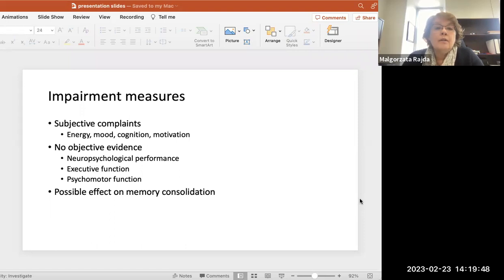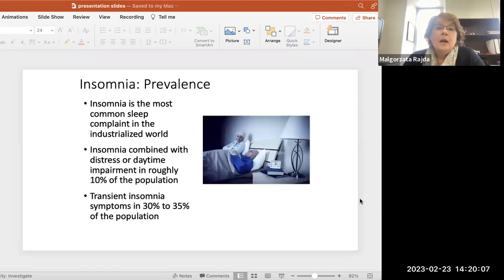Even though the patients may complain about subjective cognitive impairment, there isn't really a correlation with objective evidence in executive function, psychomotor function, or other modalities. So people don't feel well, but there is no objective evidence of impaired function.